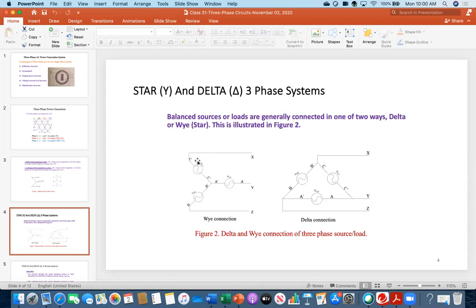The same thing goes for this phase and this phase. If you connect an ammeter here at point G, or here, it will give you the same reading because it is connected in series. So therefore, the conclusion for Y connected system: the phase current and line current are the same.